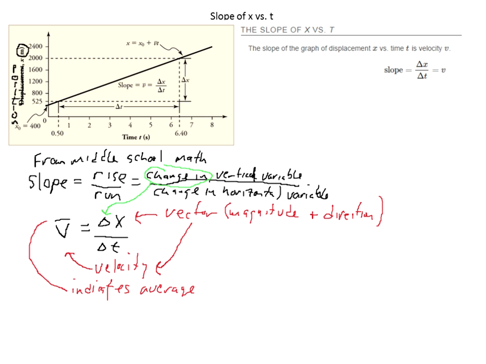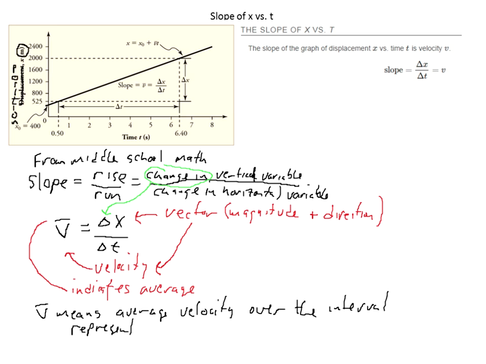So to complete the story, V bar means the average velocity over the interval represented by delta t.